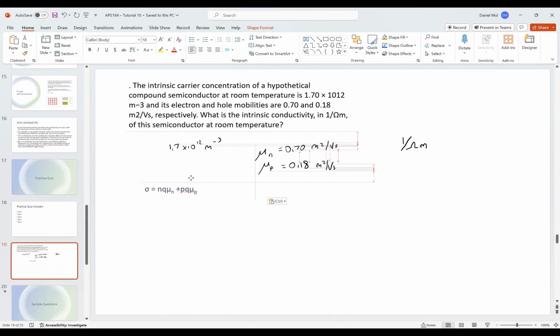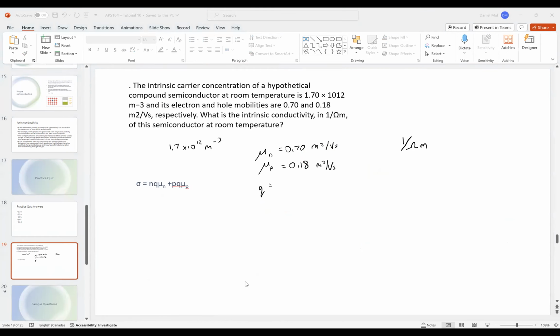Q is the charge of an electron. Cool. And then I guess we just don't know the carrier concentration.